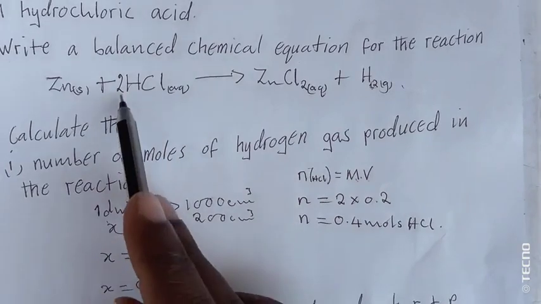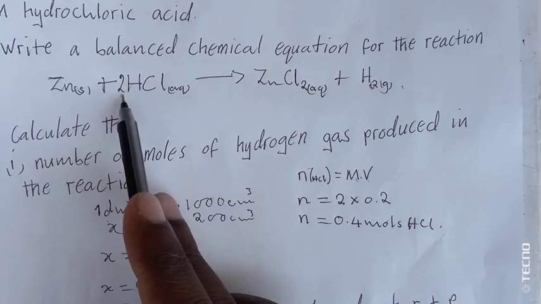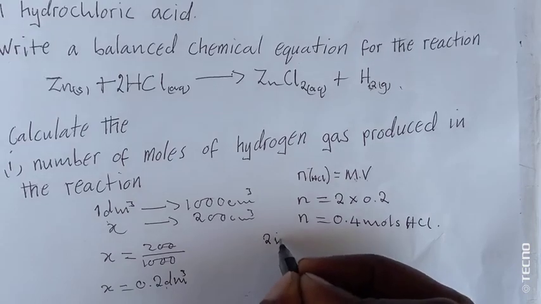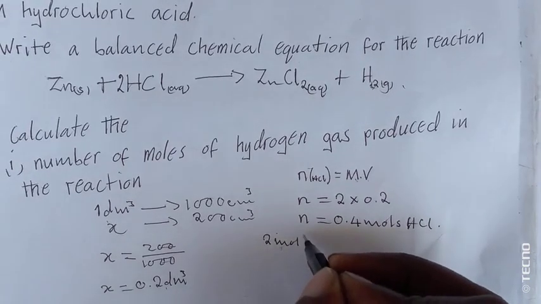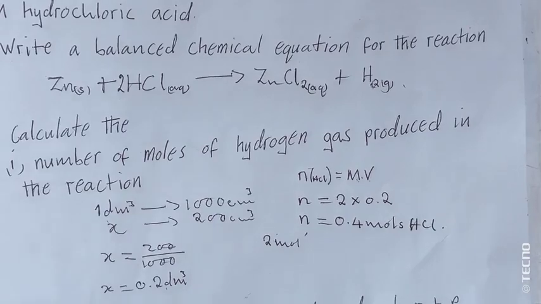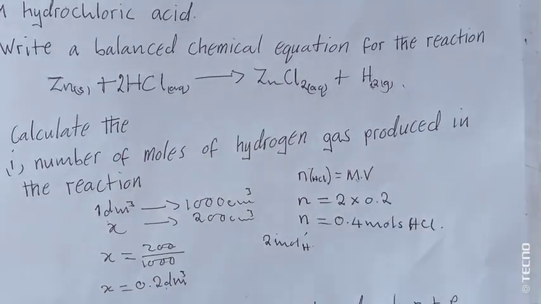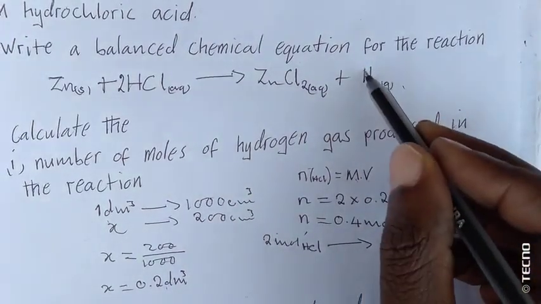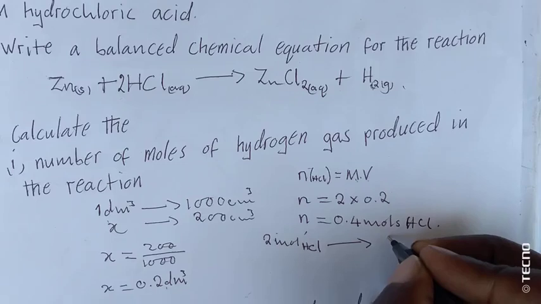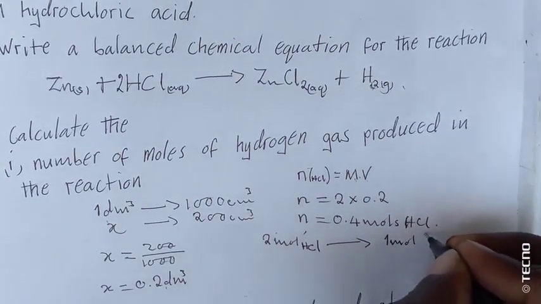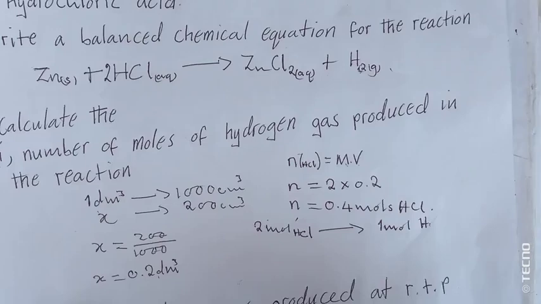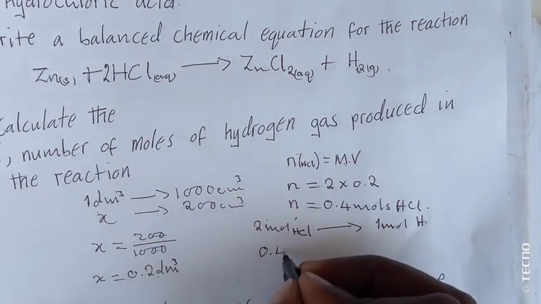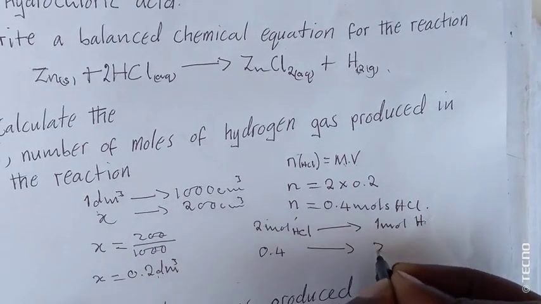This represents 2 moles of hydrochloric acid, which is equal to 1 mole of hydrogen. We've answered 0.4 moles for hydrochloric acid, which is equal to, we don't know, for the gas.